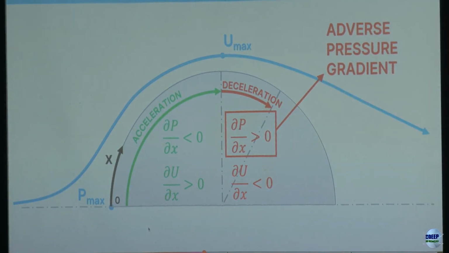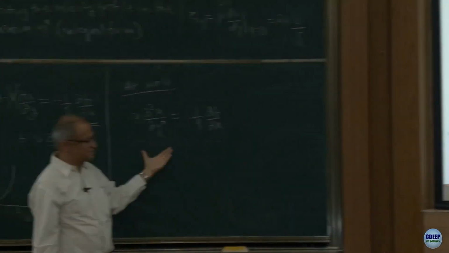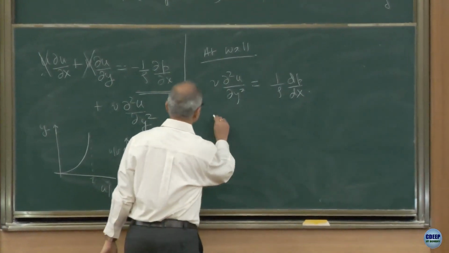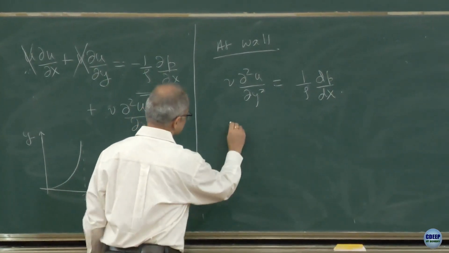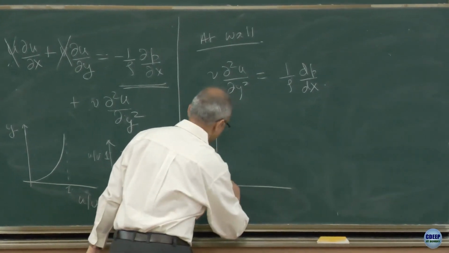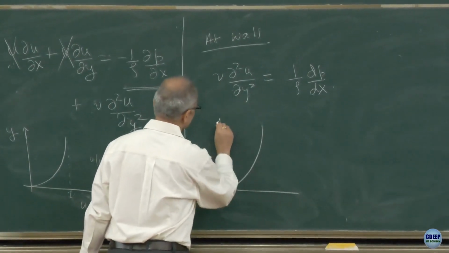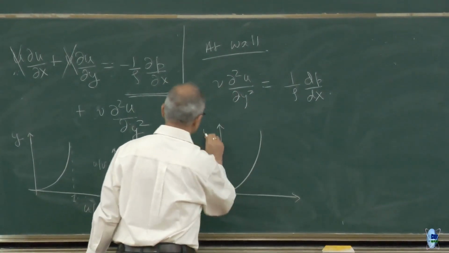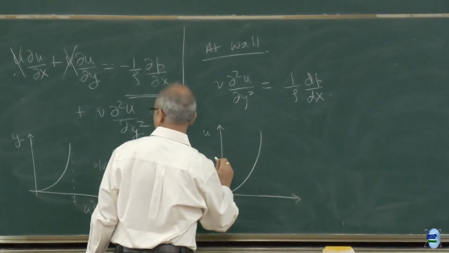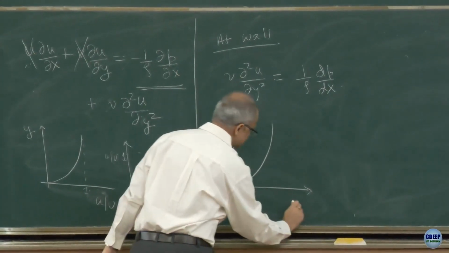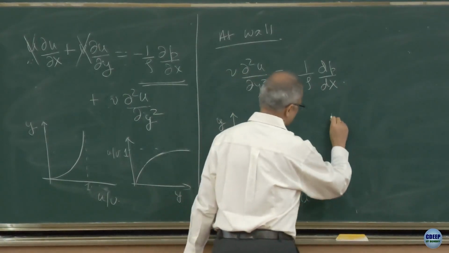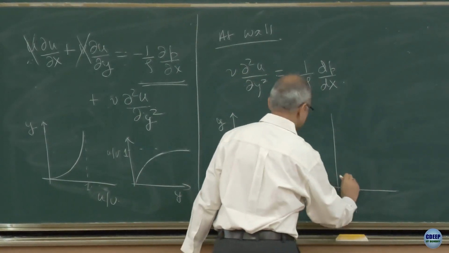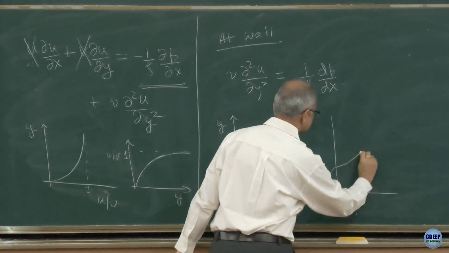Then this has to change its curvature. Earlier what you were getting is a velocity profile which was like this, this is y and this is u. Later on, the curvature profile has to become something like this.